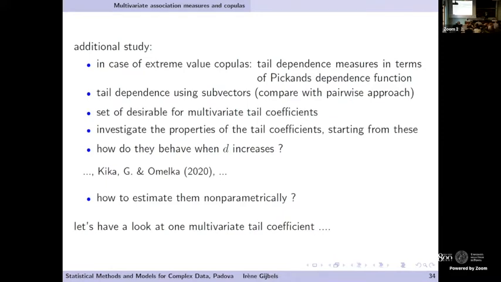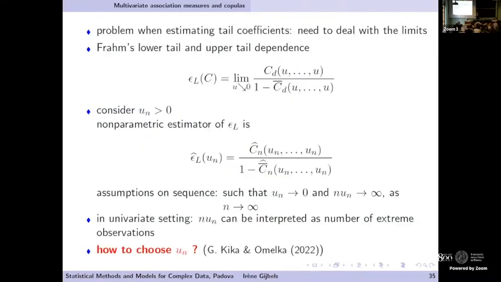And we looked at how to estimate these non-parametrically, and even that is not really studied. Estimation of the Pickands dependence function, yes, but not the estimation of the tail coefficient function, which is not the same. Let me give you one slide about smoothing.